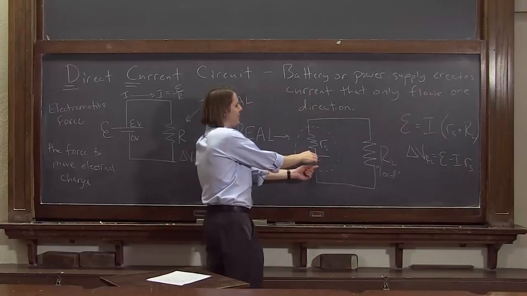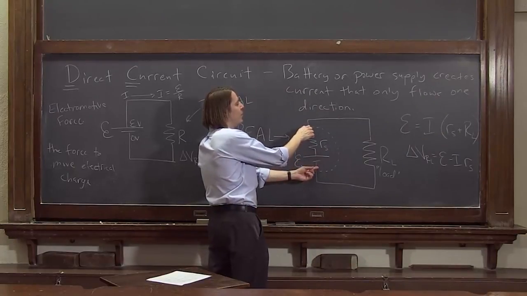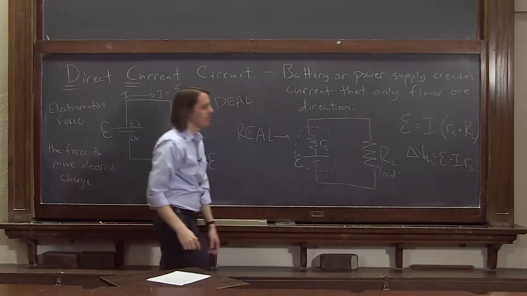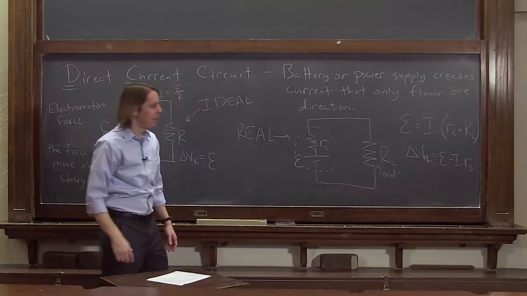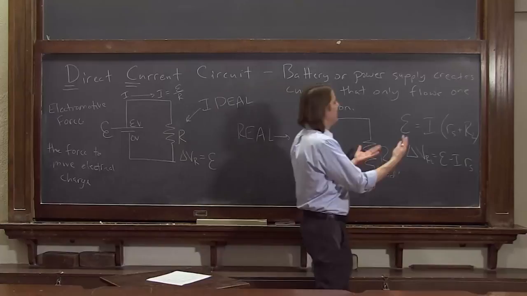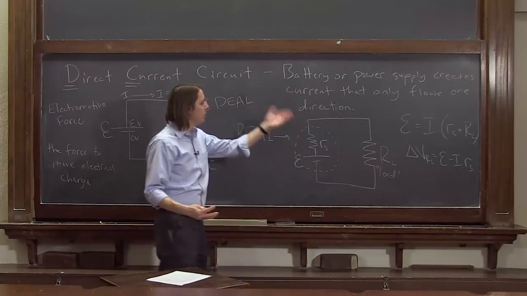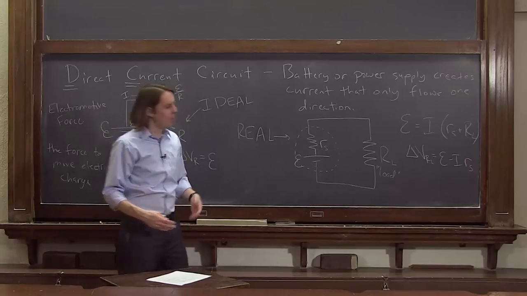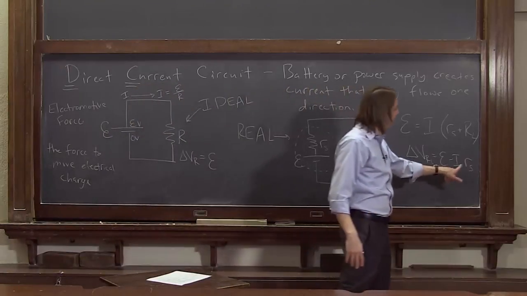Right? Because the full EMF drop is here, you dropped a little bit already over the resistance of the source, and then the rest drops over the resistance of the load. So you might say, okay, that's not a big deal. Just every battery, you lose a little bit over R_S, so instead of a 9-volt battery, it's an 8.5 volt battery. But what's unusual is it depends on the current.